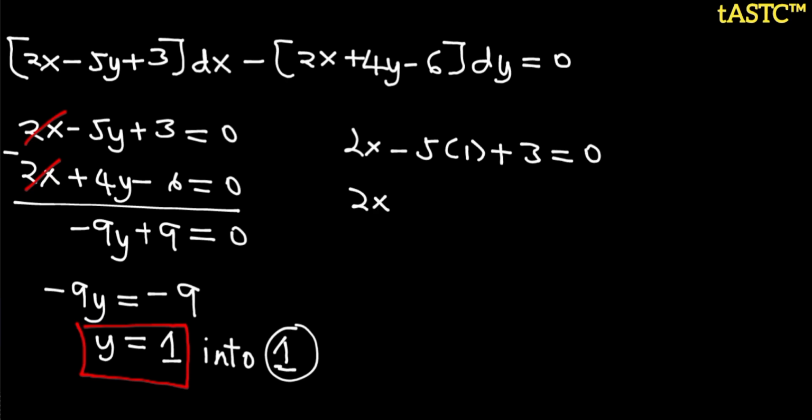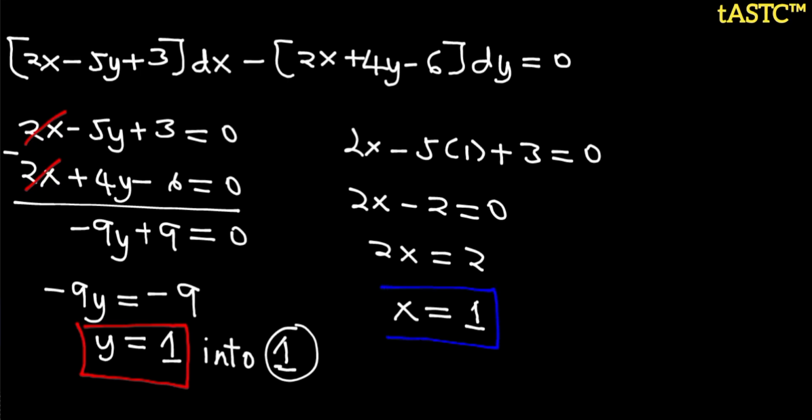So we have 2x, and this is going to be minus 5 plus 3, that is minus 2. This is equal to 0, so we have 2x, which is equal to 2, and we're going to say x is equal to 1. Now as it is, we have y is equal to 1, and we also have x to be equal to 1.